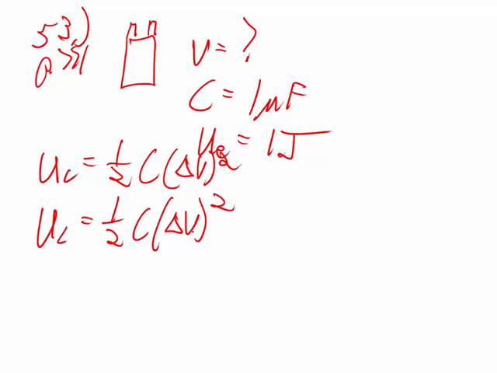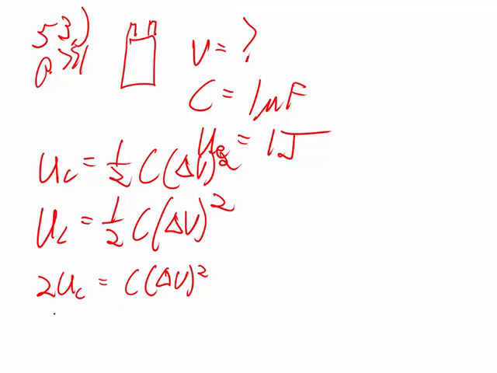We have to do a little bit of mathematics here. I'm going to work it in steps. We're going to multiply both sides by 2, and we get 2 times the potential energy of a capacitor is equal to C times delta V squared. Then we're going to divide by the capacitance.